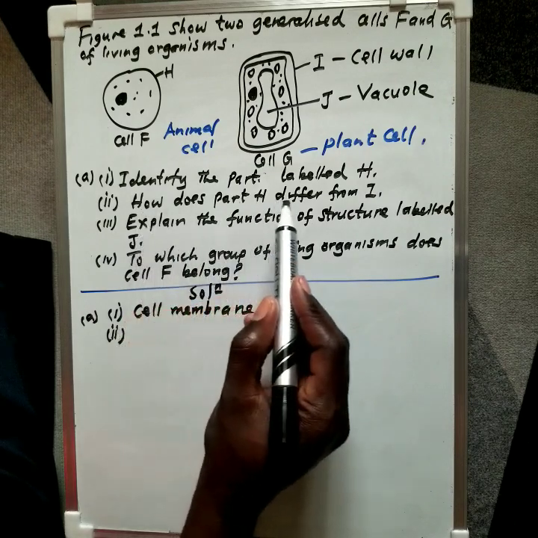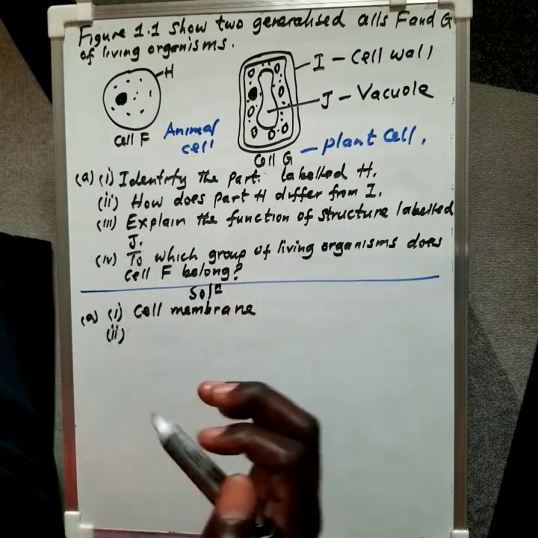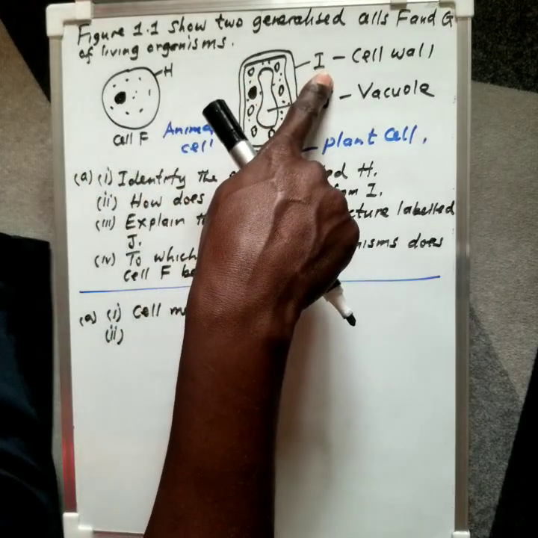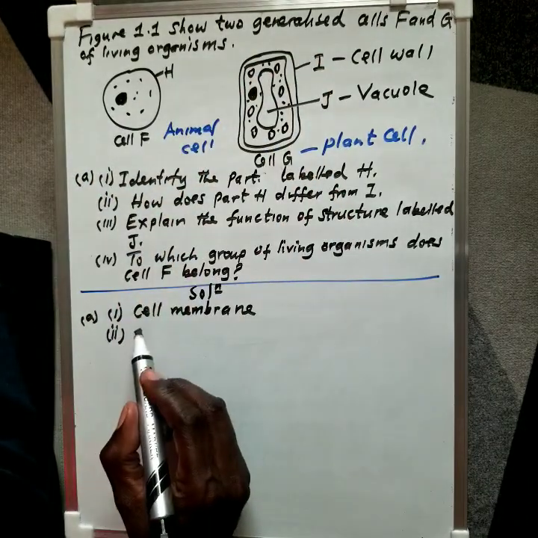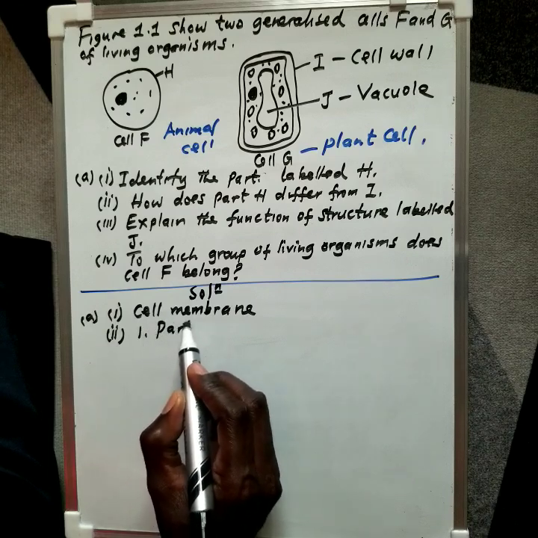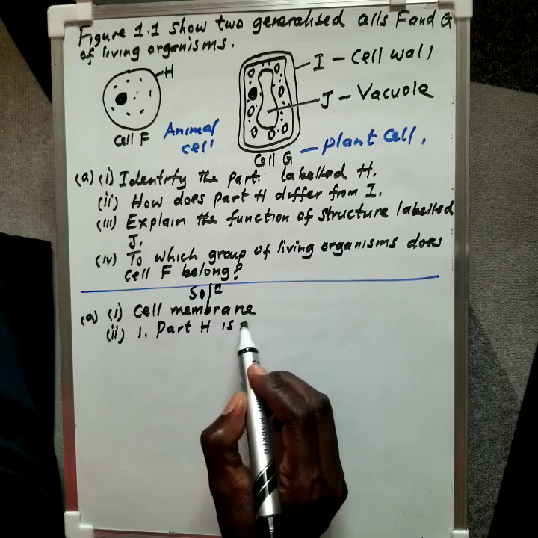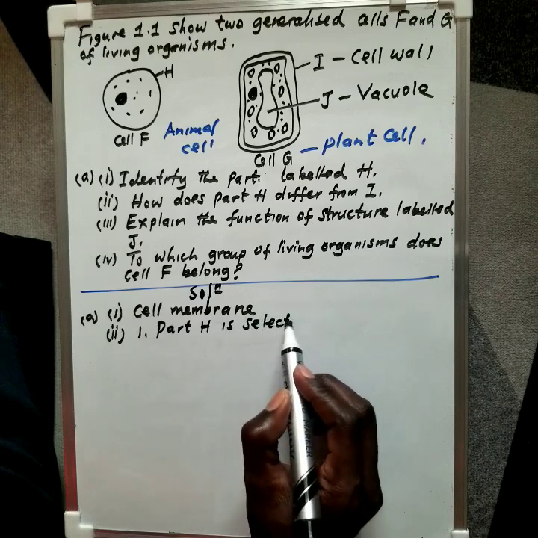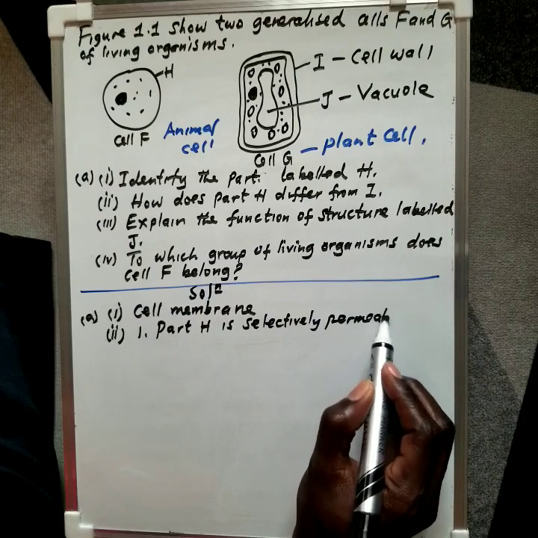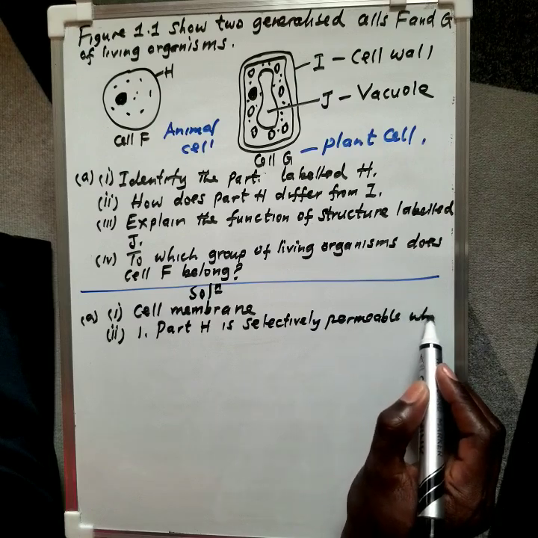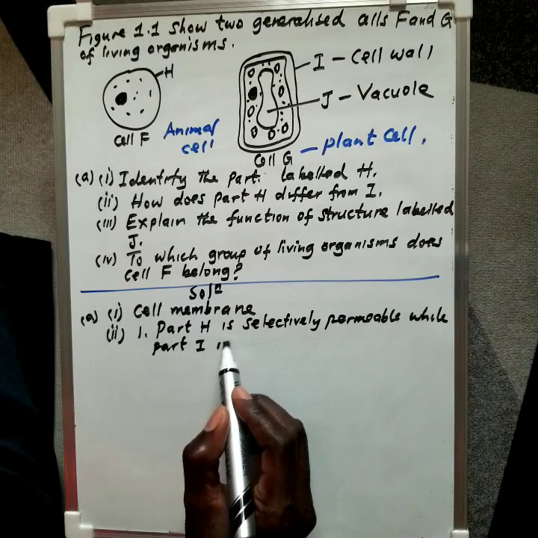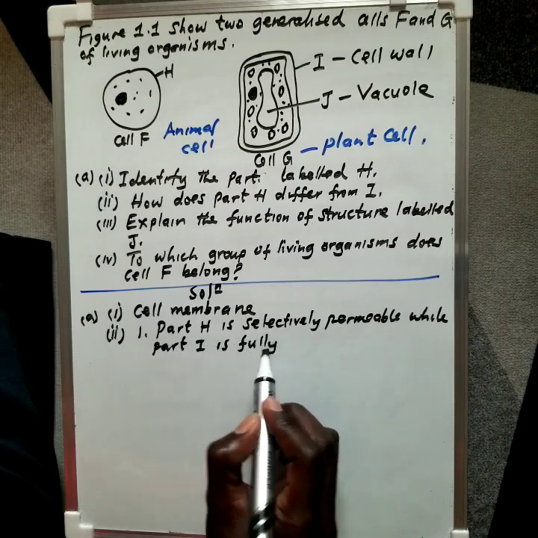So it says, how does the part H differ from I? Now if you look at part H, which is the cell membrane, how does it differ from the cell wall? So what I can say, number 1, maybe let me just give you 2. I can simply say part H is selectively permeable, while part I is fully permeable.